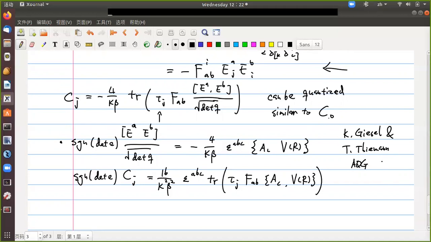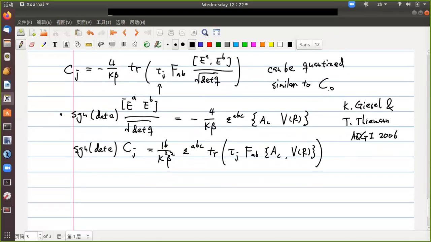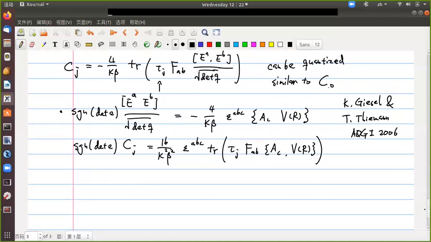I think it is in 2006 or 2007, I don't remember exactly the year. I think it should be 2006. So AQG 1. There are 3 papers with the title AQG, but this is located in the first paper.